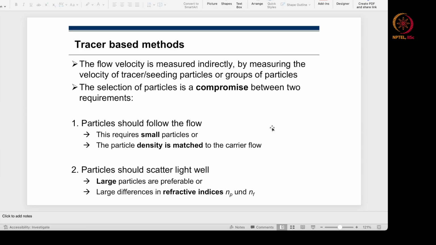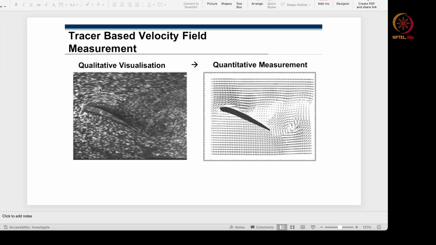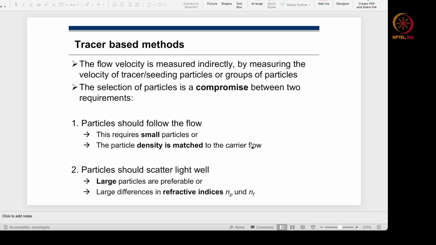In the case of tracer-based methods, the flow velocity is measured indirectly, by measuring the velocity of the tracer particles or groups of particles. If you look at this slide once again, these are tracer particles which we expect are following the flow field, but they are not exactly measuring the flow field per se.